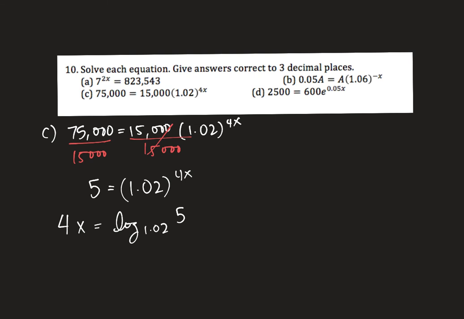And evaluating that logarithm using a calculator, you'll get 81.274. Dividing that by 4 is 20.318. This is something that I would definitely check in a calculator. Again, I know I keep saying it, but always check your work, especially when you're dealing with logarithms.